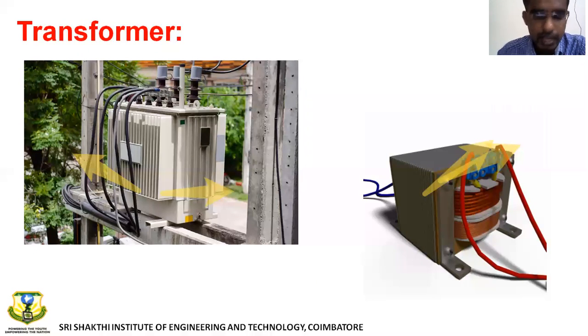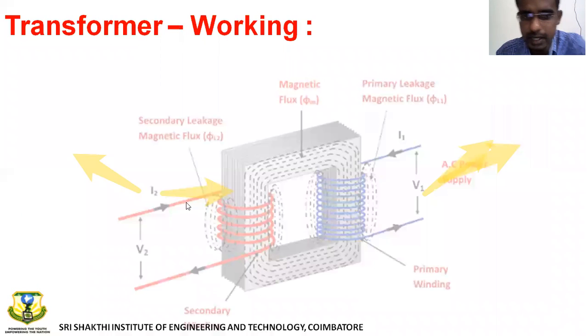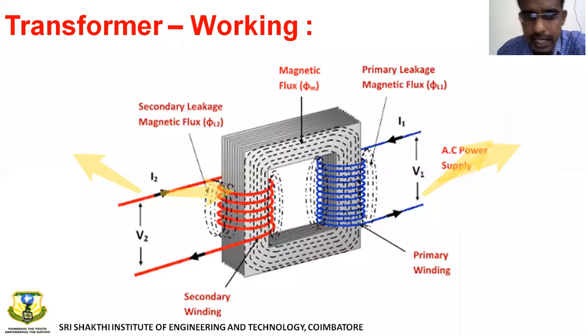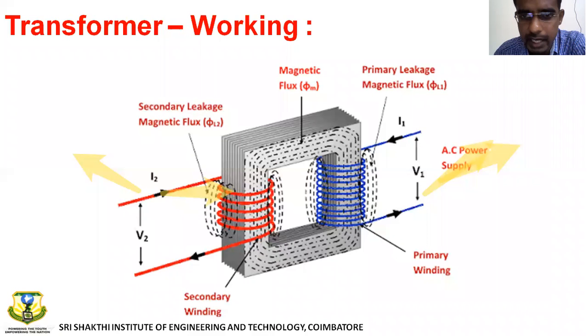Now, the working principle of the transformer: you see there is no physical connection between the two windings. There will be two windings. On one side you give input. See, the blue color is input and the red color is secondary. You get an output, an amplified output. There is no physical connection.